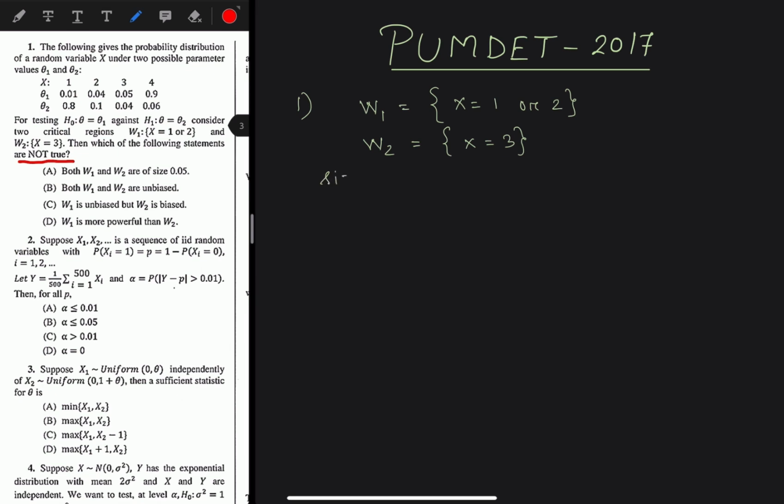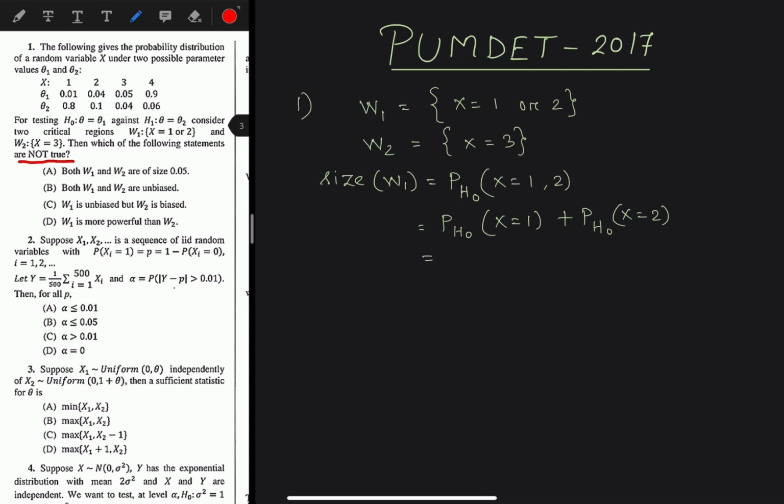the size of W1 will be the probability under H0, x equal to 1 and 2. We know that the probability of rejection of the null hypothesis under H0 gives the size. So it is the probability under H0, x equal to 1, plus the probability under H0, x equal to 2.